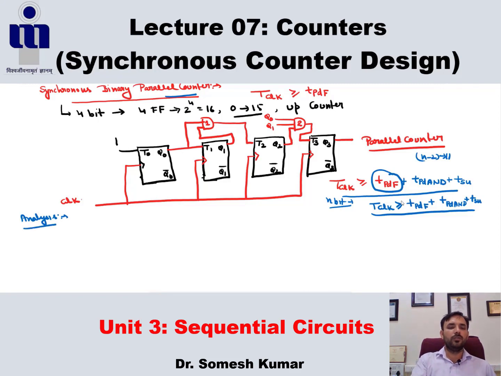Now you know, when T0 is equal to 1 and the clock is applied, on the positive edge of the clock, because this is a positive edge triggered counter, then Q0 toggles.